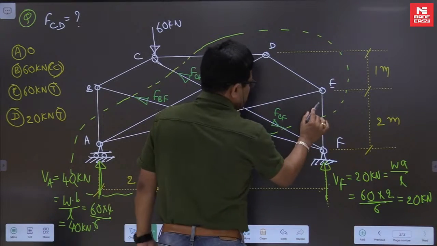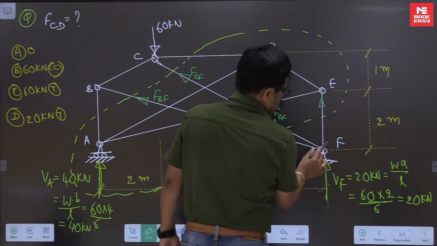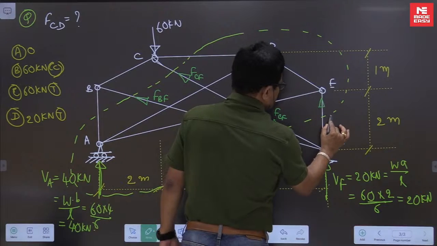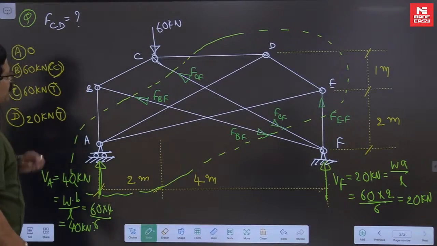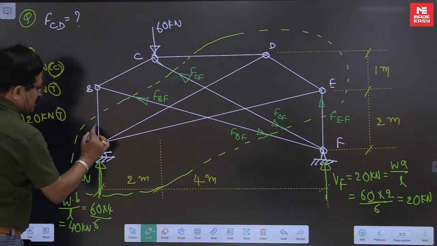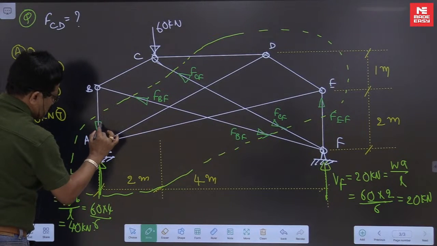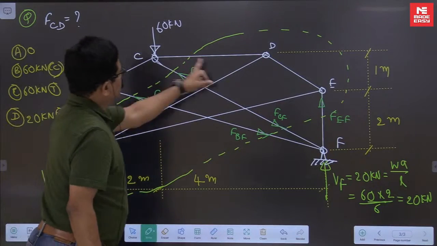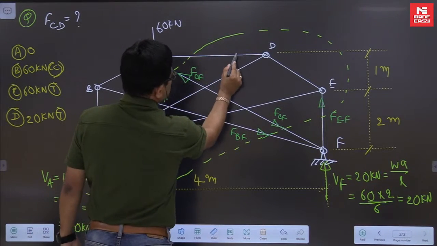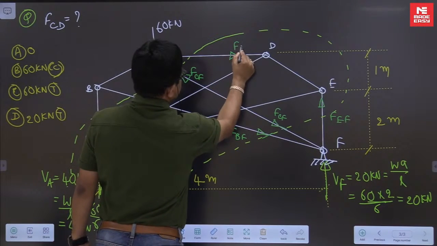Now what this member will do, let us assume this member is exerting on this one like this, force in the member EF. Now let us see what this is doing here. Let us say this member is compressing this one, force in the member AB. Now we are cutting this also. What this will do on this is, let us say, force in the member CD.